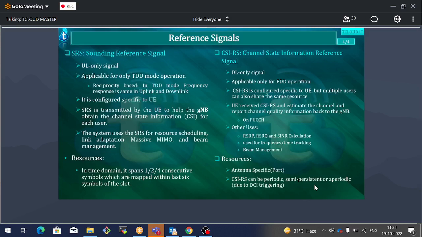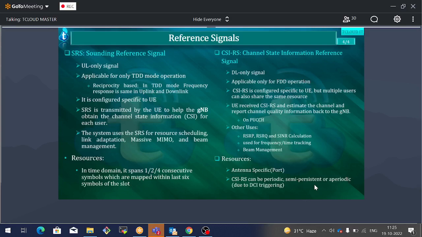How is that? The CSI-RS signal positions are decided based on the cell scrambling code. Your scrambling code changes in a cell, the position of the CSI-RS would be different. They would be changing as well. That means that in different cells in adjacent locations, CSI-RS signals would be placed at different positions. That is the technique behind it.